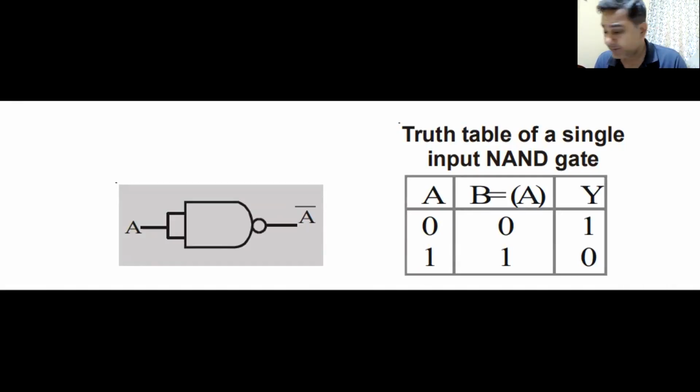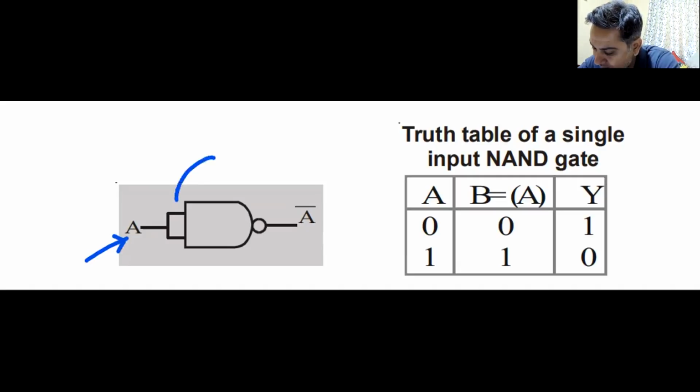The first problem is, what is the first problem? A NAND gate has two inputs, but a NOT gate has one input. Yes or no? Yes, sir. Now, how do we remove that problem? What we have done here, you can look very closely. There is only one input, A. Do you see that input A?